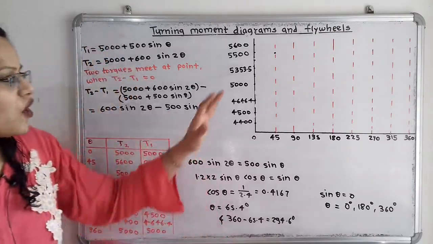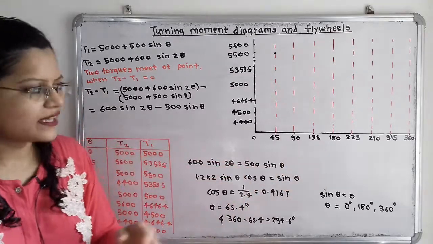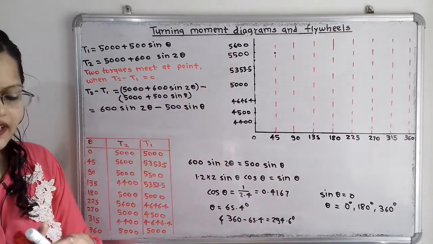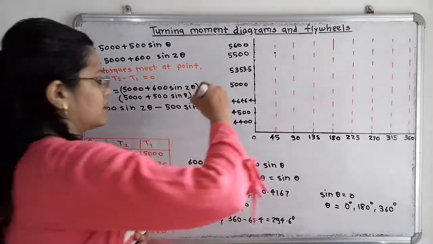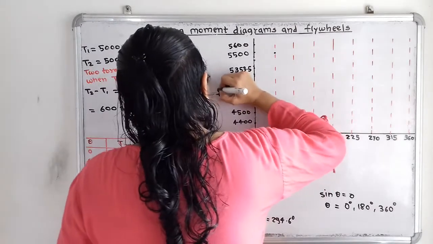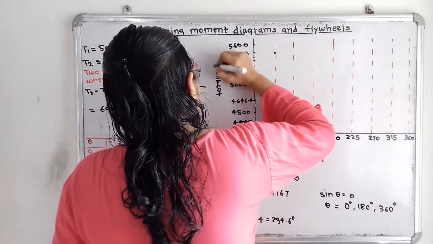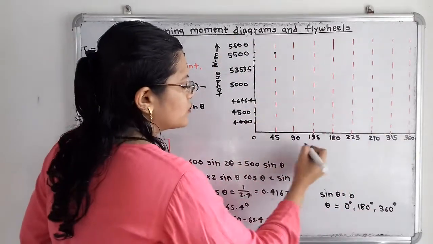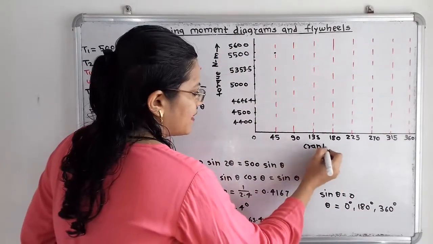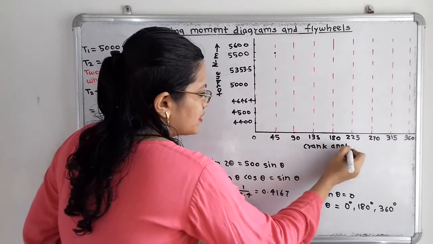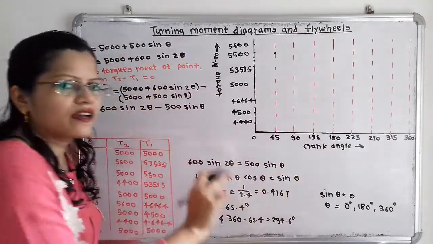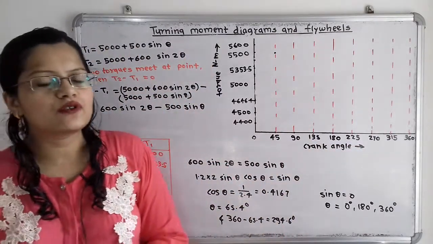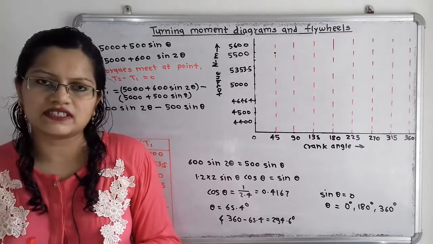If we draw here the turning moment diagram, on this vertical line there is the torque in Newton meter, or we can also say turning moment, and on this horizontal line there is the crank angle. Now I will take here the crank angle for one complete revolution, that is the angle of 360 degree.